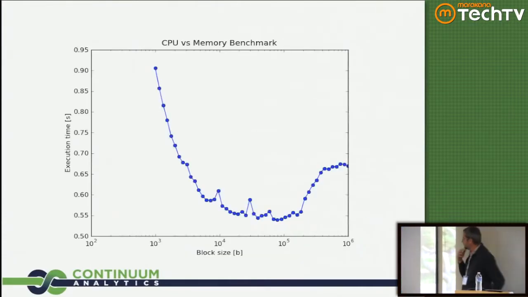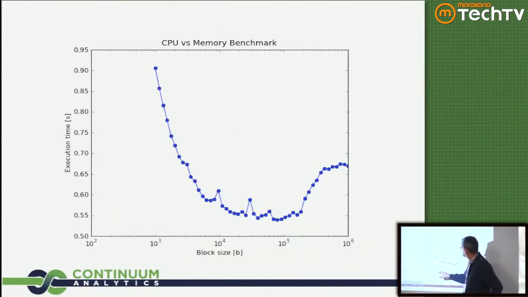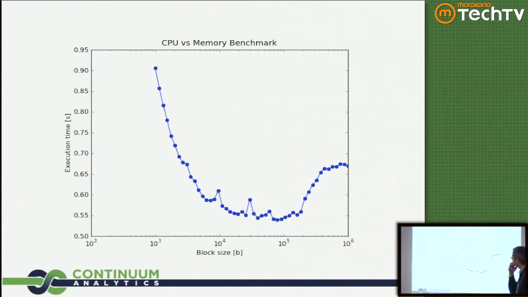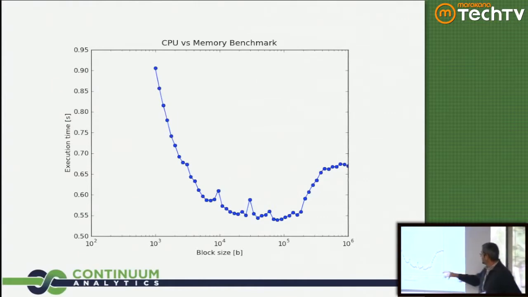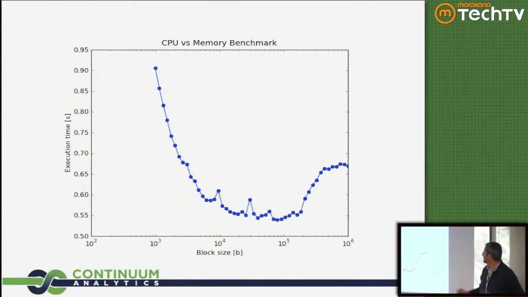And you can see that if we represent the block size here in terms of the execution time, we can see here that we have a minimum time here. Okay? What do you think this minimum represents? The size of the cache.